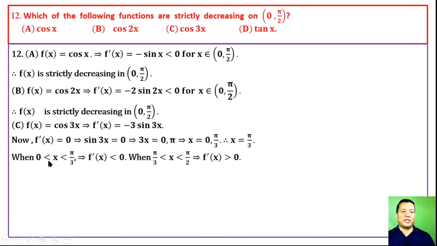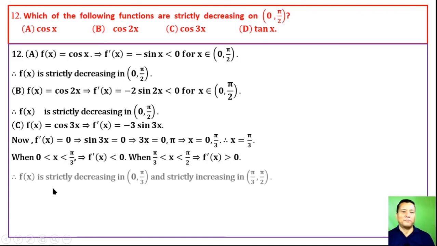When x is lying between 0 and pi by 3, that is between 0 and 60, the sign of f dash x is always less than 0. When x is lying between pi by 3 and pi by 2, the sign of f dash x is always positive. Therefore, f of x is strictly decreasing on the open interval 0 to pi by 3 and strictly increasing on pi by 3 to pi by 2.